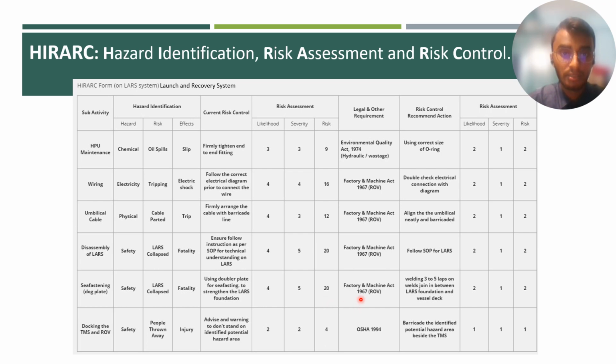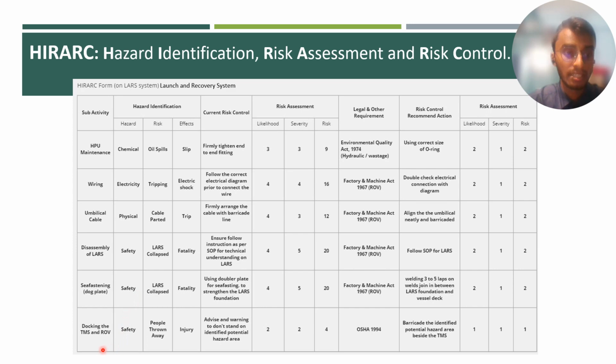Legal and other requirement for this activity is Factory and Machinery Act 1967, and the recommended risk control action is welding 3 to 5 laps on the wheel joint in between the launch and recovery system foundation and the vessel deck. And risk assessment after the action taken is likelihood 2, severity is 1, and the risk is 2.